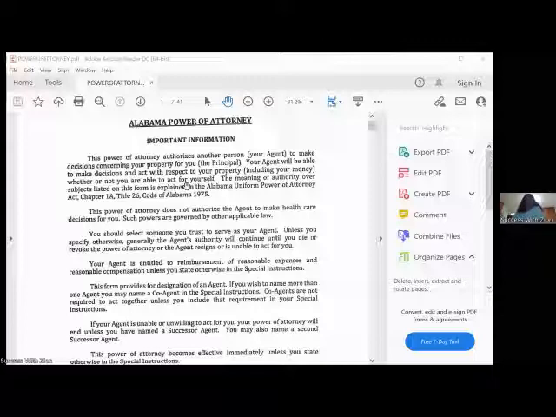Say a person has Alzheimer's or dementia, or they're just not able to do it for themselves. So then this other person takes the matters over for them in a limited capacity. And if there are other rules, then they would have to put special instructions in regards to that.